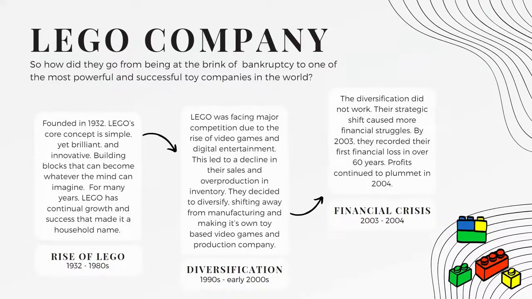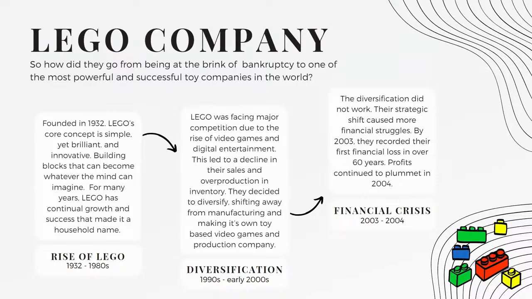But in the 1990s, going into the early 2000s, we saw a shift in the toy industry, and there was major competition. There was a rise of video games and digital entertainment, and this led to a decline in their sales, as well as overproduction in the inventory because people wanted other things. You know, they wanted video games, they wanted digital media.